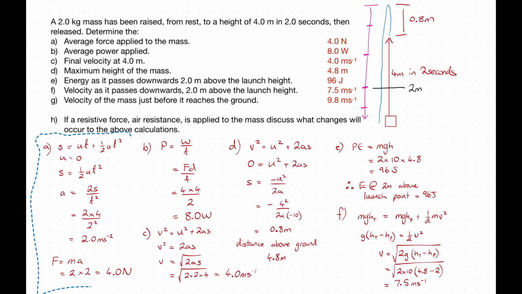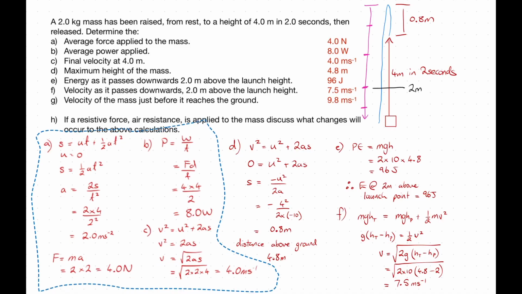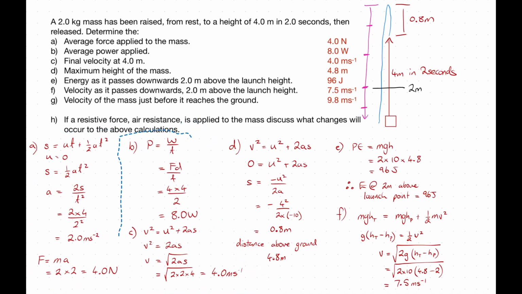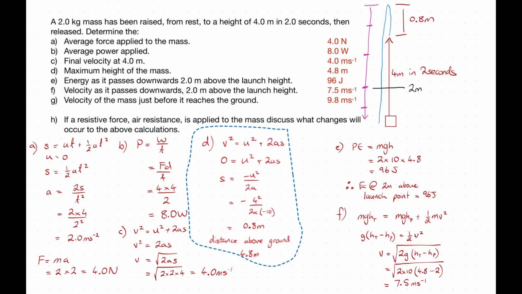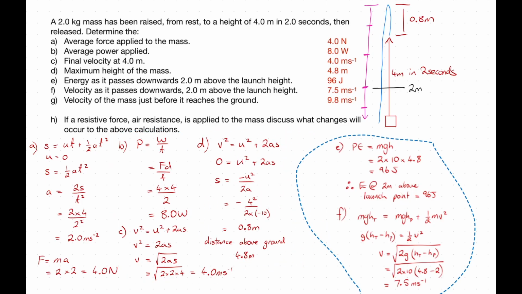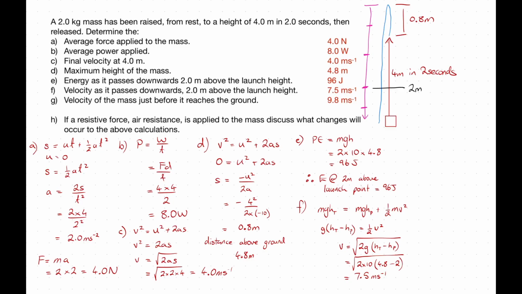Now we're going to do the same thing for part G, where we find the final velocity. That means all of the energy has become kinetic energy, and there's going to be no potential energy. mgh is then going to be equal to half mv squared.